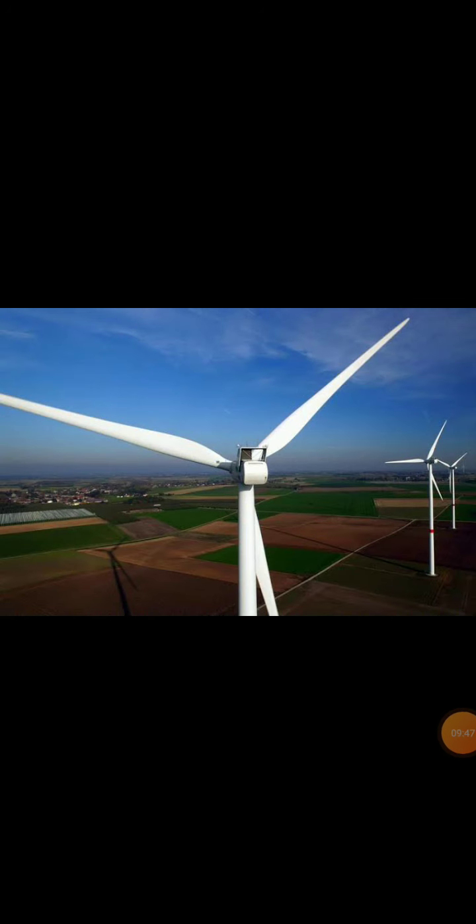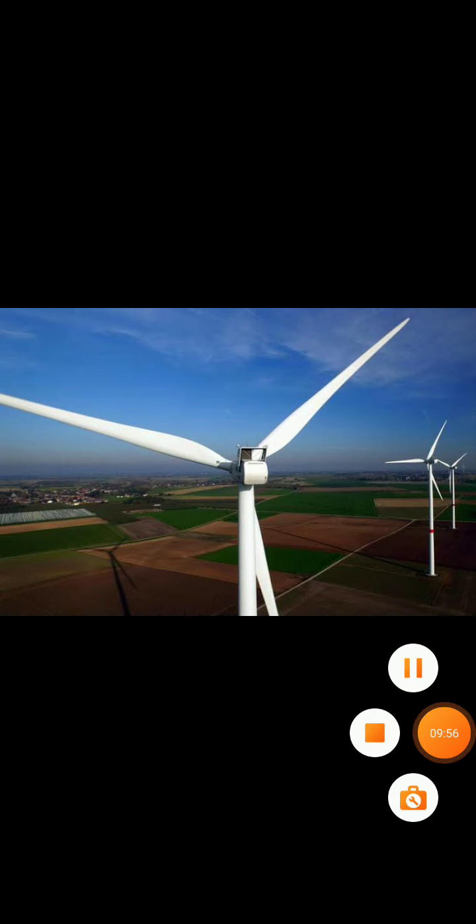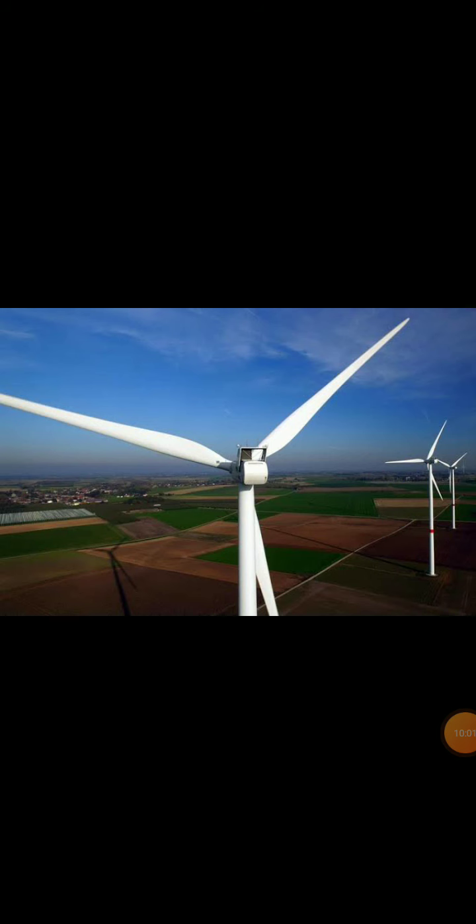Also, the blades and the towers are exposed to rain, sun, storm, cyclone. In this way, they can be damaged. That is why they need a high level of maintenance.